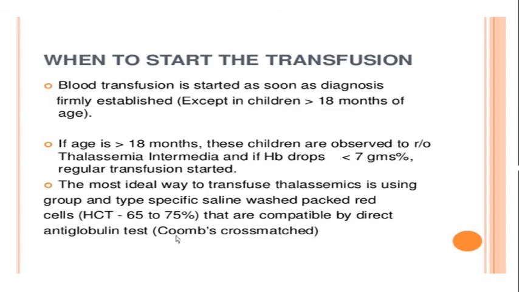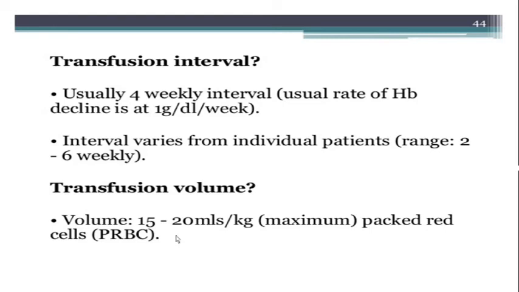But usually in the thalassemia major patient, we start as soon as the diagnosis is made, looking at the serum hemoglobin level. The transfusion interval in thalassemia major patients is usually kept at 4 weeks, which is the physiological requirement for the hemoglobin decline. So usually it is kept at a 4-week interval.